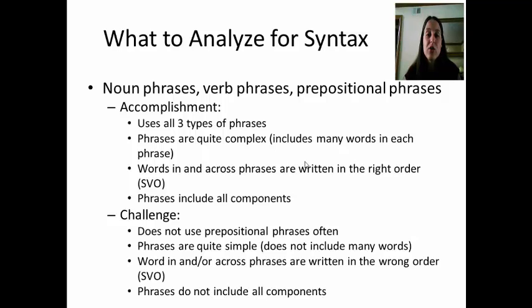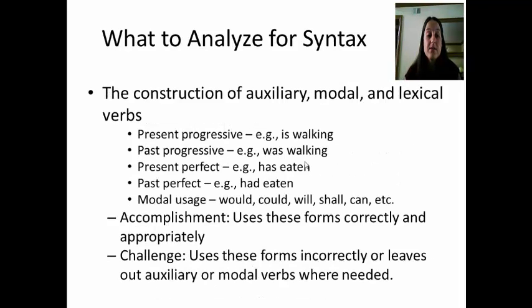Here's some of the challenges that you can look into. If the child doesn't actually use prepositional phrases pretty often, that's something that you could talk about. If phrases are quite simple or do not include necessary words. If words are written in the wrong order, and if the phrases don't include all of the components.